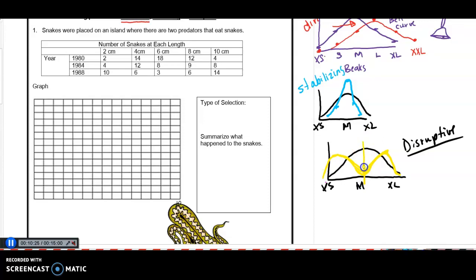If I take this and I cut these two in half, do I now have two bell curves? Absolutely do. And that's what can come from disruptive selection.